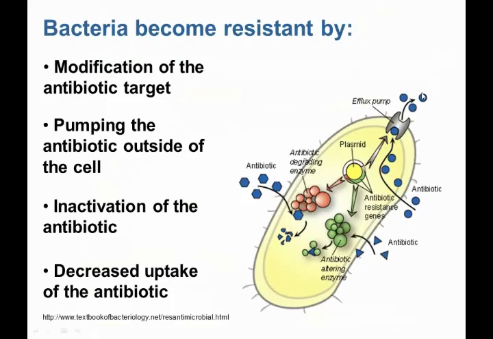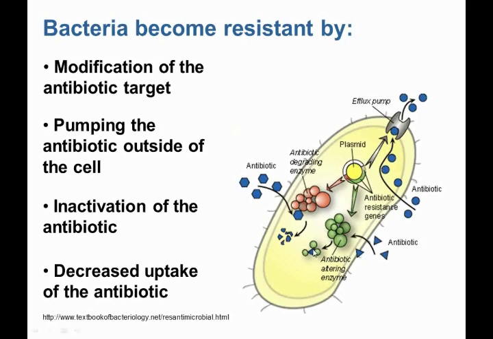So this is just showing you a different slide, or how bacteria become resistant. And so you can have, like I was mentioning, modification of the antibiotic target. We have everything from essentially picking up a gene from a plasmid, which I'll talk about later, for an efflux pump. So essentially, if the antibiotic goes in, it can just get chucked right back out. Or you can have some sort of enzyme in the cell that will degrade the antibiotic.